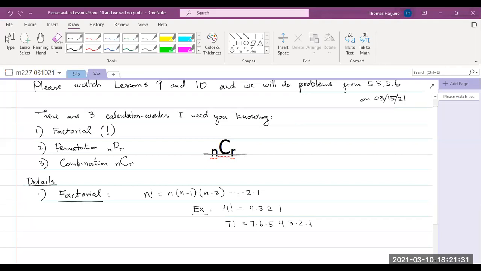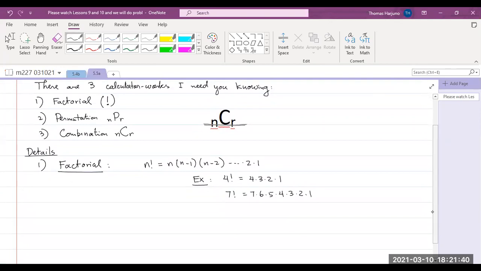If the number is small, you can do it by hand. Like 4 factorial, you can just look at that and say, oh, 4 factorial is 24. But what happens if you have 7 factorial? What if you have 10 factorial? You don't want to do it manually, one by one, 10 times 9 times 8 times 7, and so on and so forth, right? So I will teach you how to use the calculator.